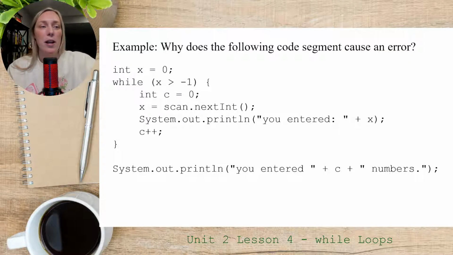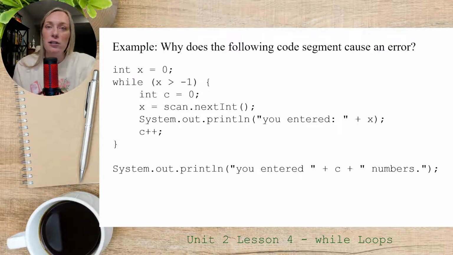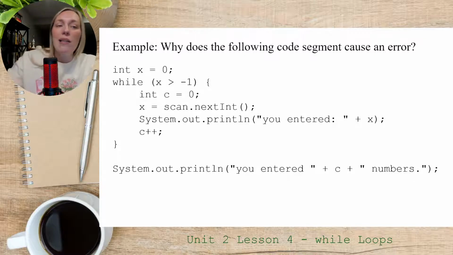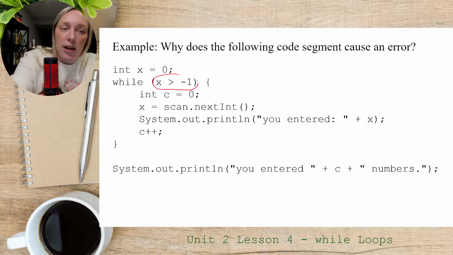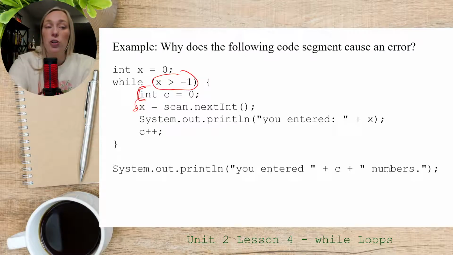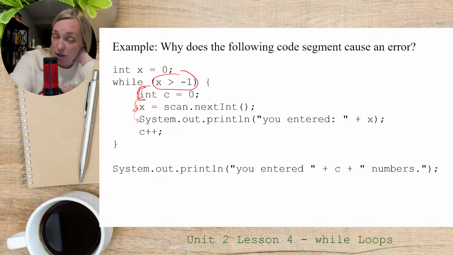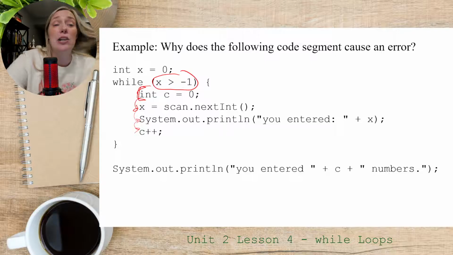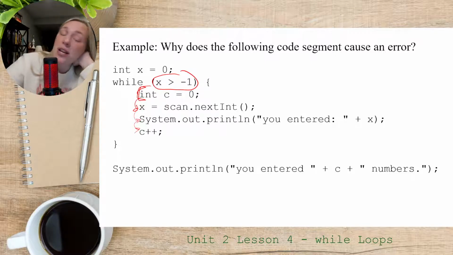And why? When you first look at it, you might not be clear. We have x equals 0, while x is greater than -1, int c equals 0, x equals scanner.nextInt. You're going to print off what that user entered, and c increases by 1. So the user is going to keep entering a number, keep entering x.